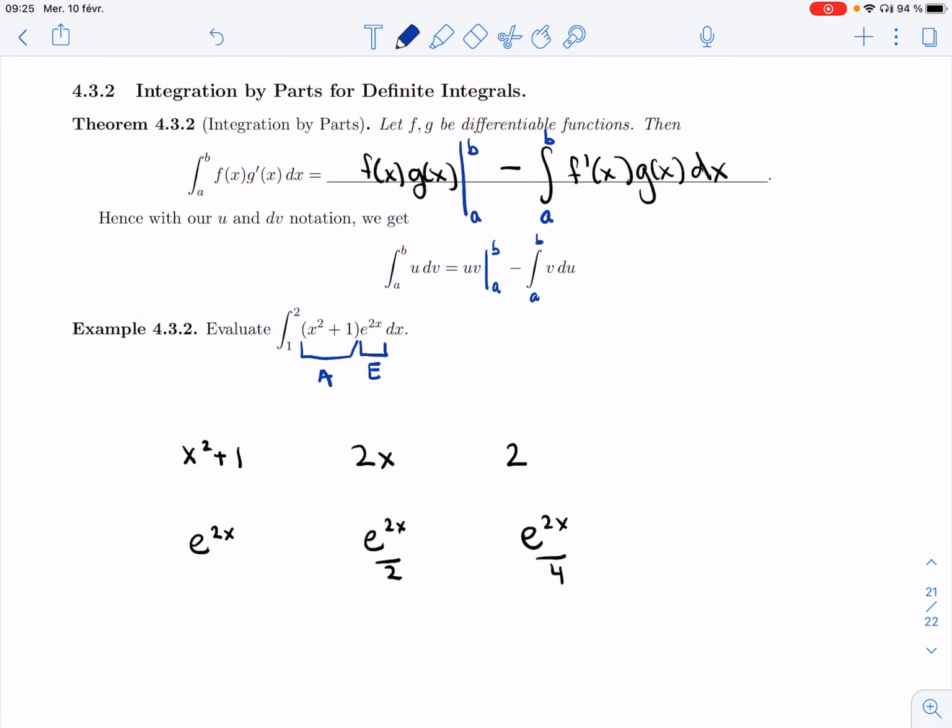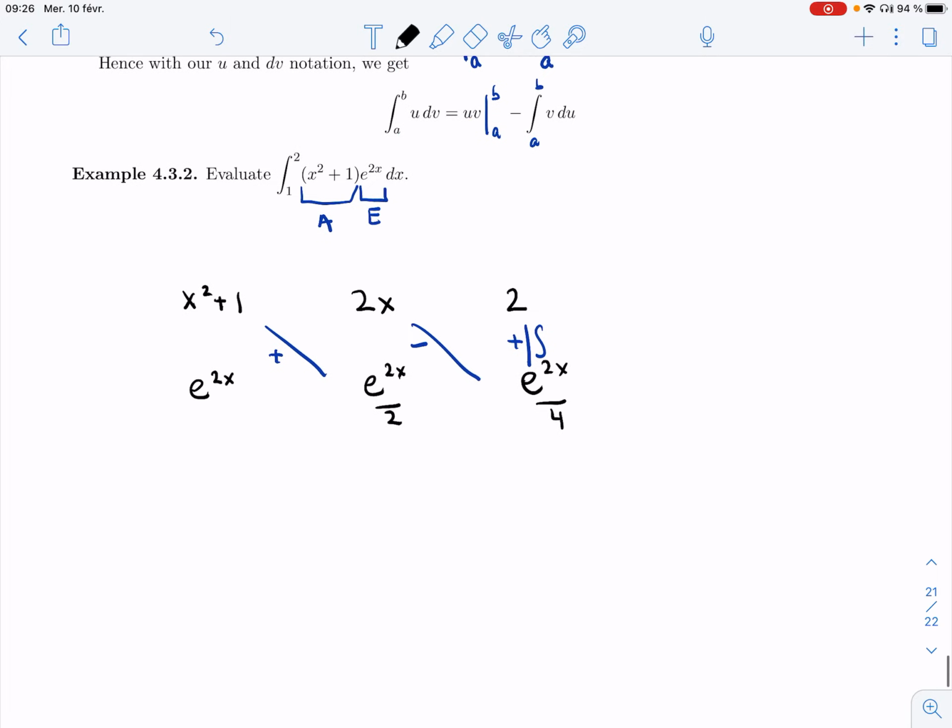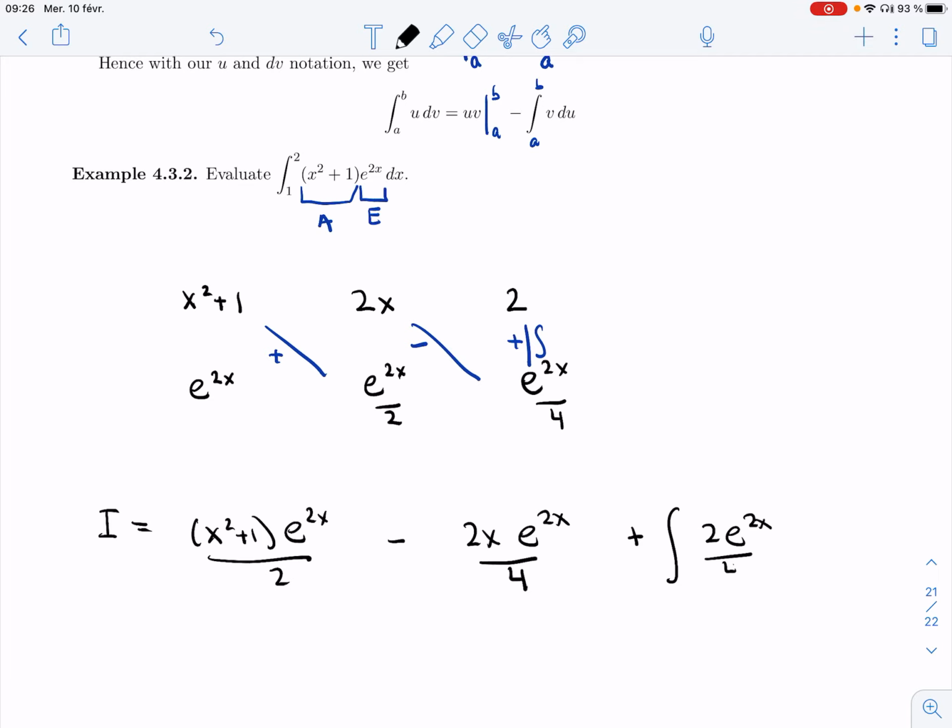All right, and now I'm taking these with alternating signs, and then I'll be having one last plus with an integral. All right, so my integral will be x squared plus 1 e to the 2x over 2 minus 2x e to the 2x over 4 plus the integral of 2 e to the 2x over 4.